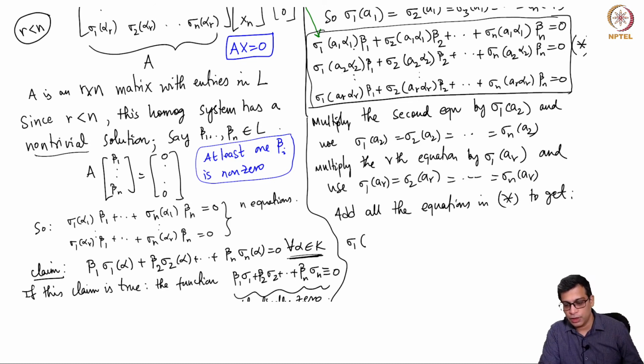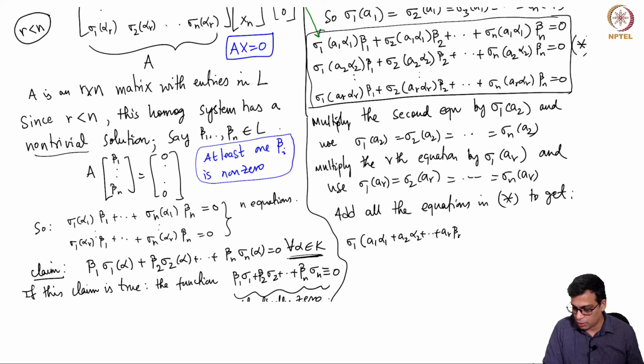So sigma 1 of A1 alpha 1 plus sigma 1 of A2 alpha 2 plus sigma 1 of AR alpha R will be sigma 1 of A1 alpha 1 plus A2 alpha 2 plus AR alpha R, times beta 1, and similarly sigma n of A1 alpha 1 plus through AR alpha R times beta n is 0, right?